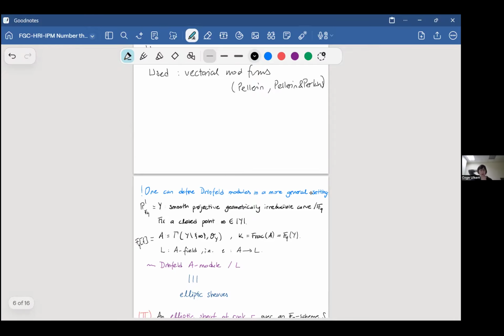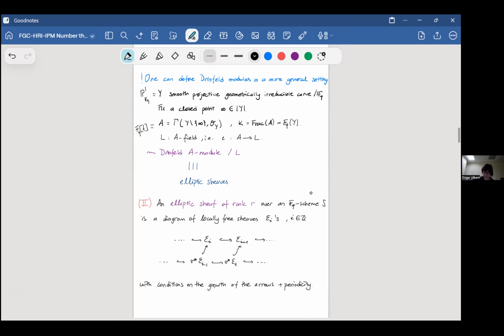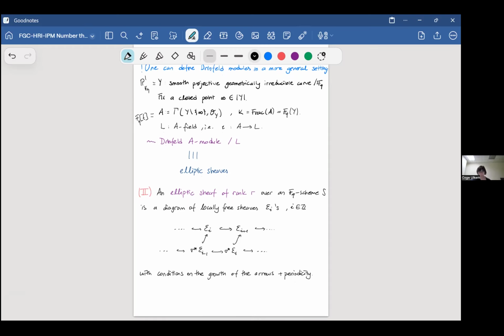So this was the idea of Drinfeld to give analogues of elliptic curves, and then to work on the Langlands conjectures, he gave other objects, categorically equivalent, which he defined as elliptic sheaves. So what are elliptic sheaves? An elliptic sheaf of rank R over an F_q-scheme S. If you want, you can just take S to be Spec F_q.